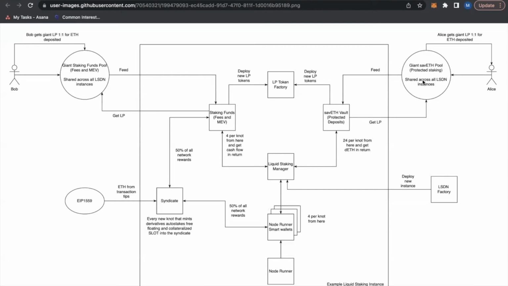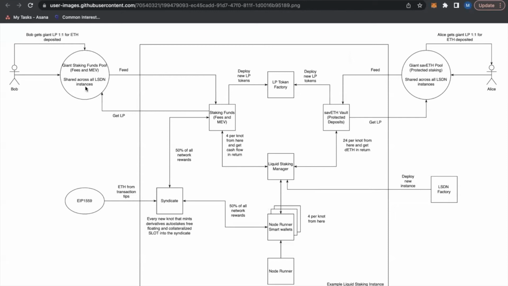This giant pool will then verify that the node runner has provided correct addresses, correct pool address, correct liquid staking manager, correct PLS public keys and all. Once that is all true, it will send the ETH from a list of say 10,000 LSD networks into that single LSD network in which the node runner has registered his PLS public key. This means that ETH transfers from the giant pool to that particular protected staking pool.